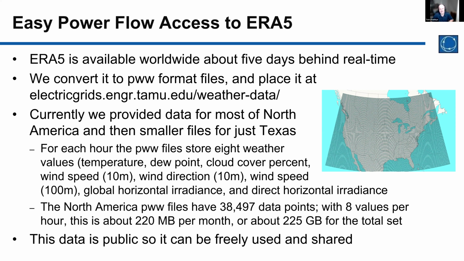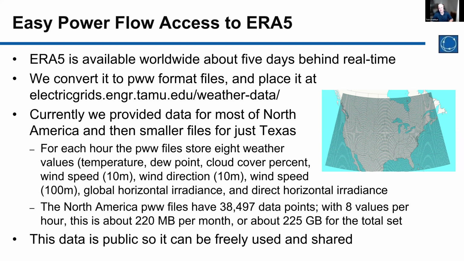In doing this, we tried to figure out what sort of footprint of weather we should get. If we got the whole world, that would be a lot of data. So we decided, okay, we'll start with North America, and we kind of arbitrarily define our part of North America as what's shown in the box there on the right.